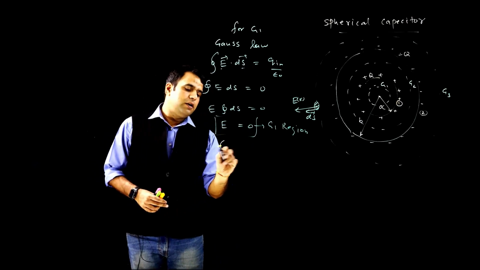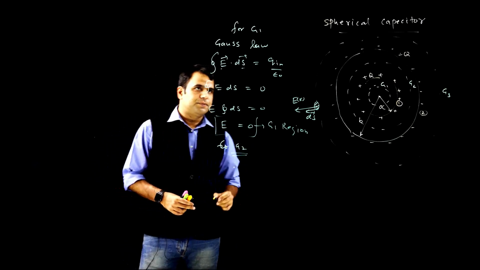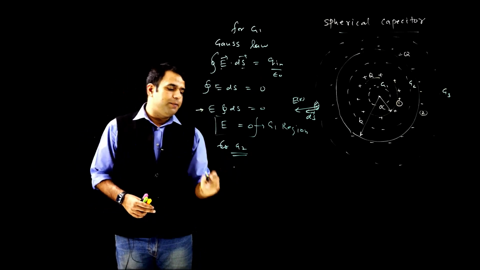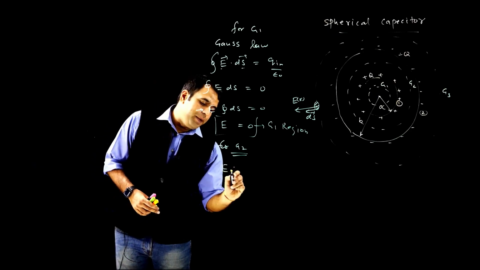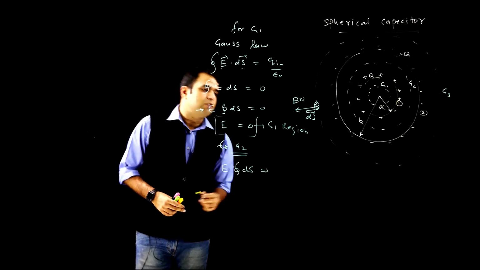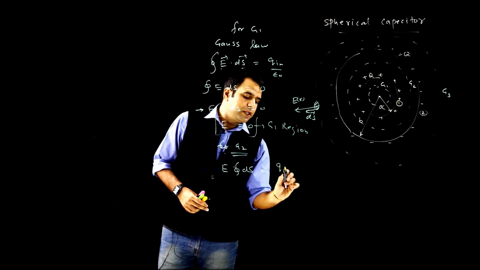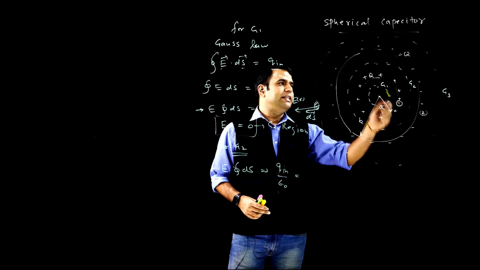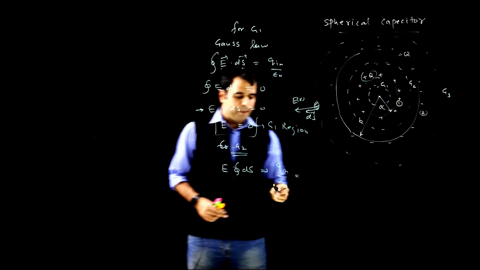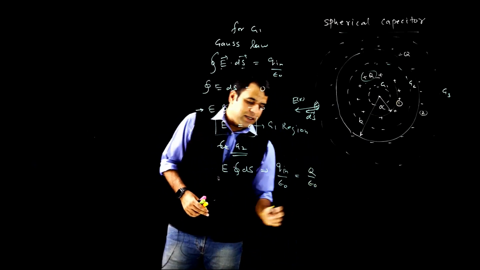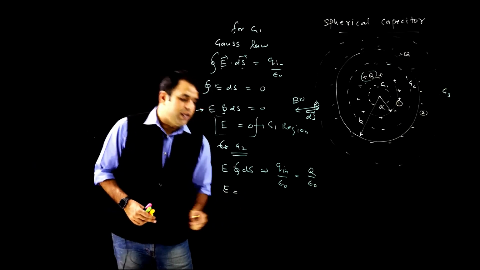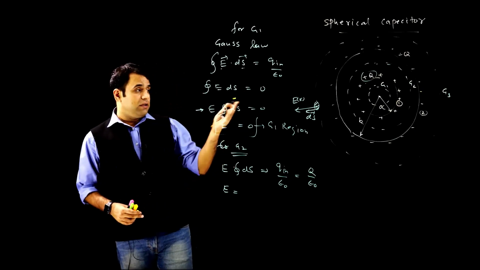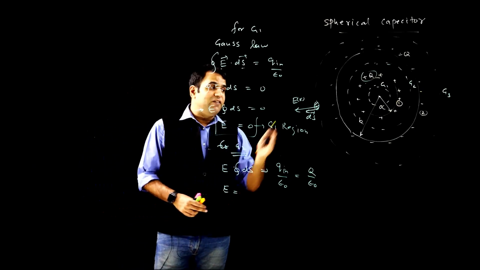Now we'll go for G2. If I apply the same formula, for G2 it will be E times the integration of dS equals q in upon epsilon naught. This is the G2, and inside G2 the charge is plus Q. So that becomes Q upon epsilon naught, which equals E times the integration of dS, that is the area. If the radius is small r, the area is 4 pi r square.